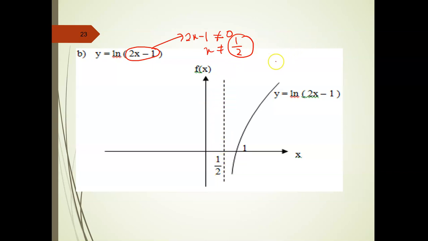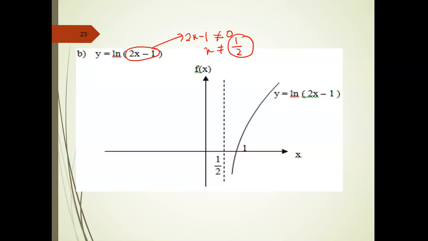Your graph will be passing through this, right? What is the value there? ln(2x minus 1) will be the same shape as the first case.